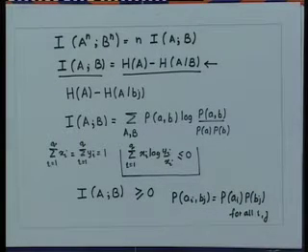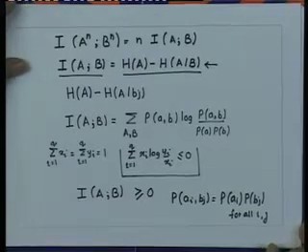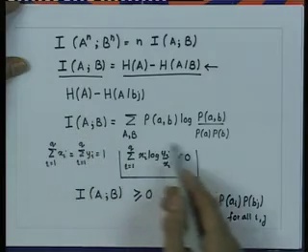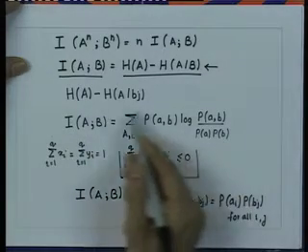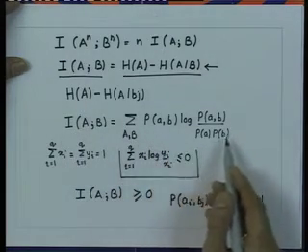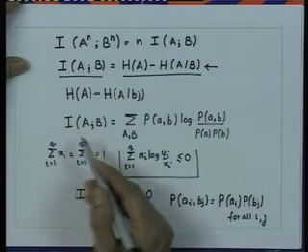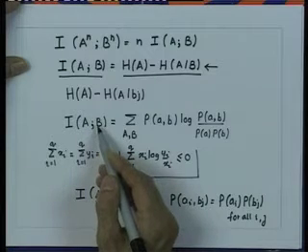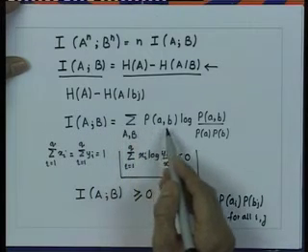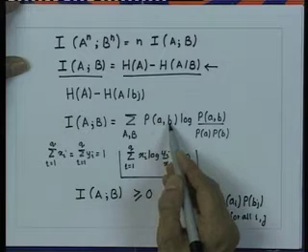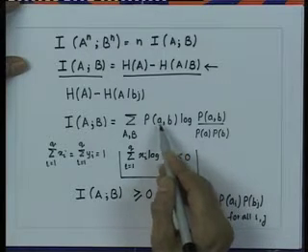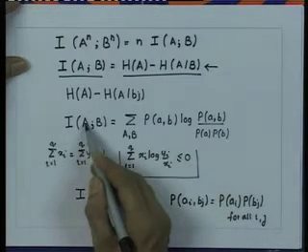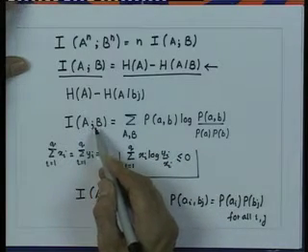Another important property of the mutual information may be seen by inspection of this expression, which we may take as a definition of I(A;B). It is symmetric in the two random variables A_i and B_j. So, interchanging the roles of the input and output symbol leaves I(A;B) unchanged.